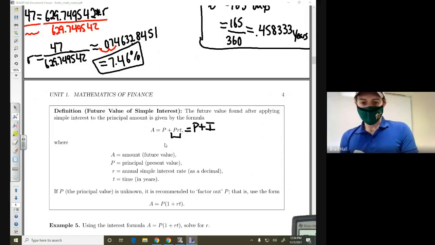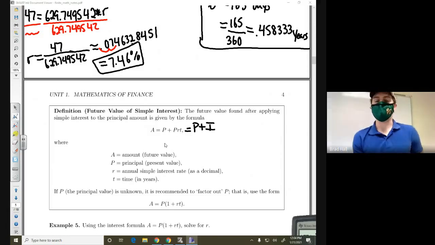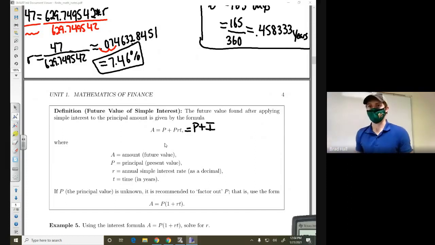So from here, we're going to utilize this new formula to just skip the interest. We never have to really figure out what the interest is. So instead of you telling me, all right, you owe me $50 plus a $5 fee, now you're just telling me you owe me $55. That's it. It just skips finding the interest.